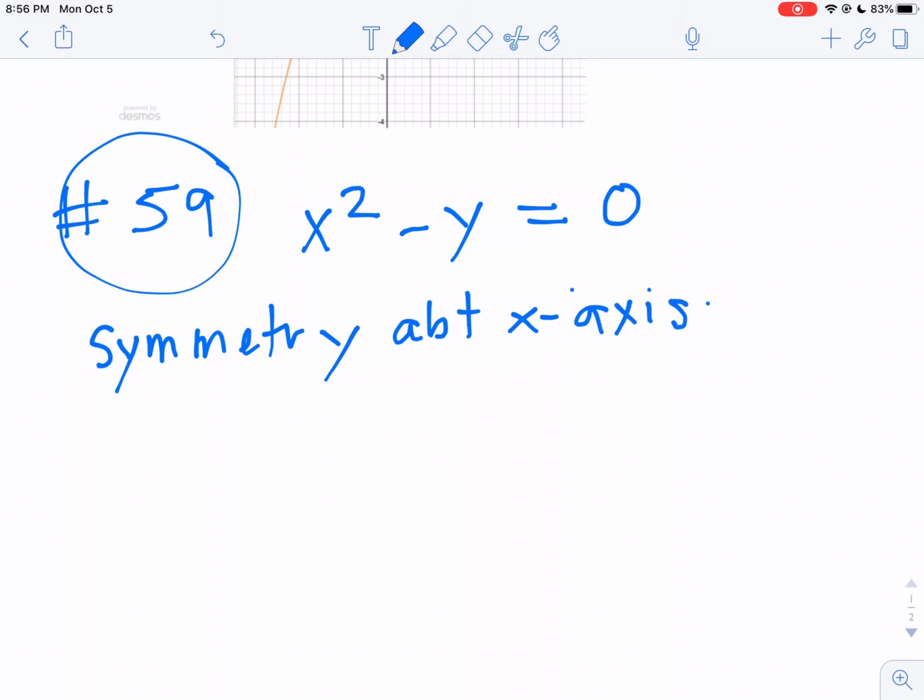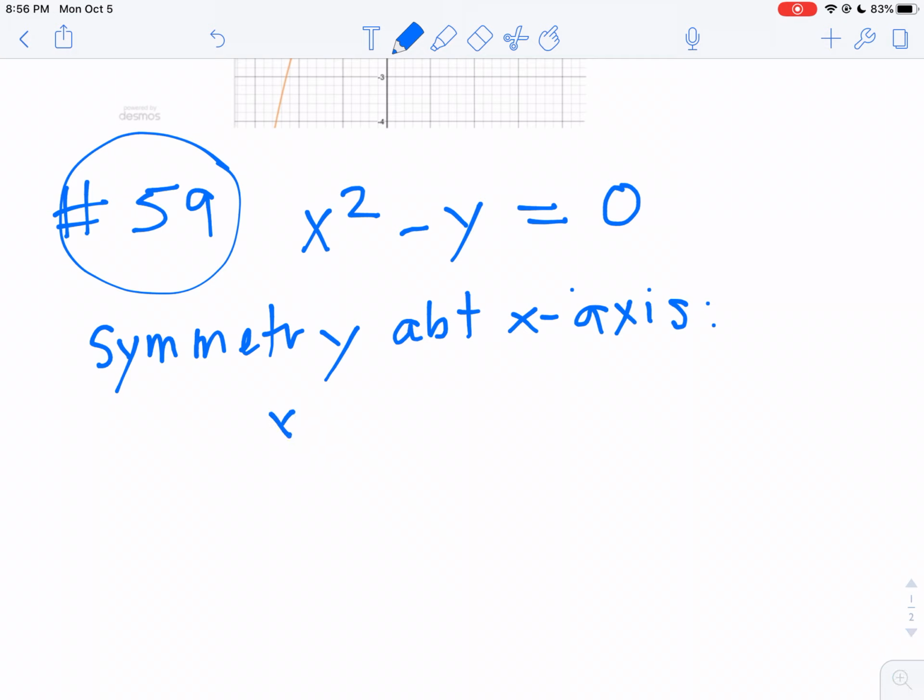I'm ahead of myself, so I'm writing things not as I say them. Okay, symmetry about the x-axis. So to do this, you replace the y by -y, okay, and see if you get the original equation. So this is the original equation, and I like to just write it down.